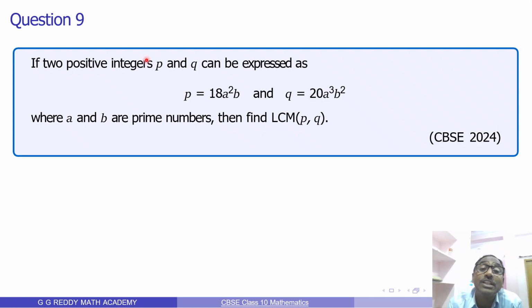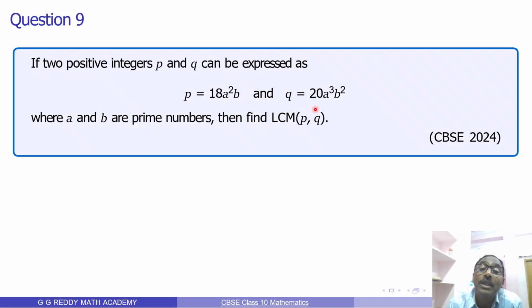Question 9. If two positive integers p and q can be expressed as p equals 18 a square b, q equals 20 a cube b square, where a and b are prime numbers, then find the LCM of p comma q. You need to find the least common multiple of p and q. This is p and this is q.